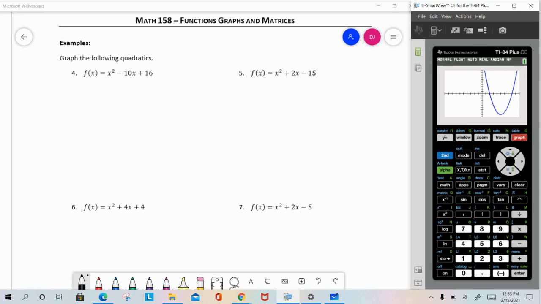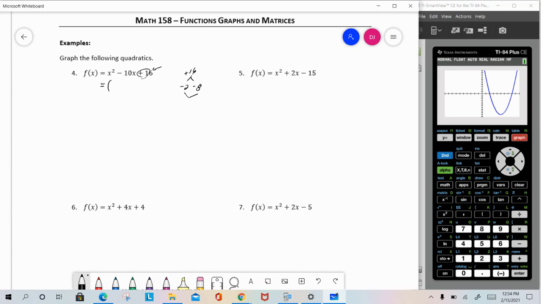First of all, this quadratic is factorable. What are the factors of 16 that add up to negative 10? They are negative 2 and negative 8, because negative 2 times negative 8 is a positive 16, but negative 2 plus negative 8 is a negative 10.